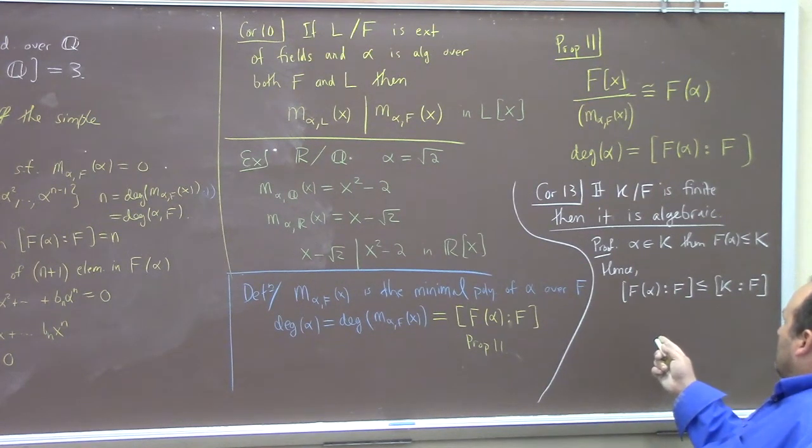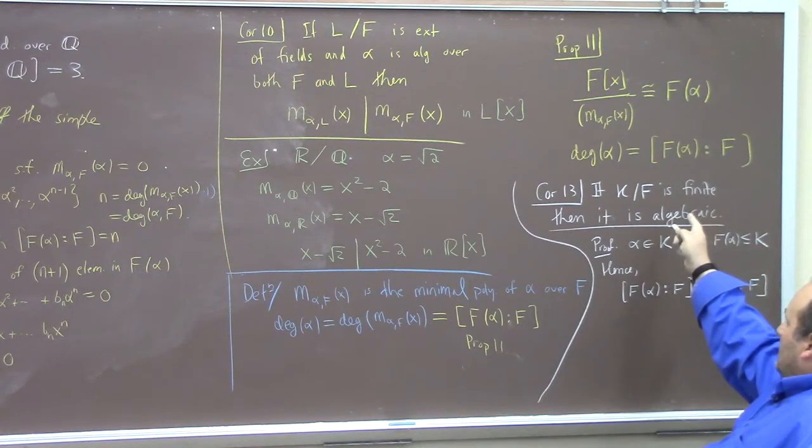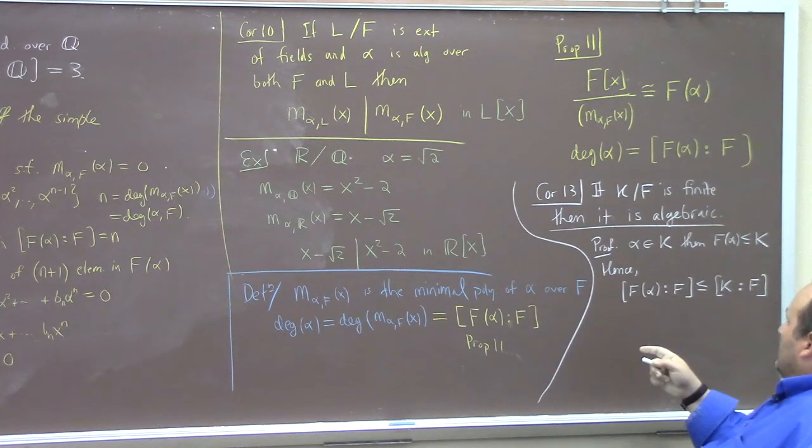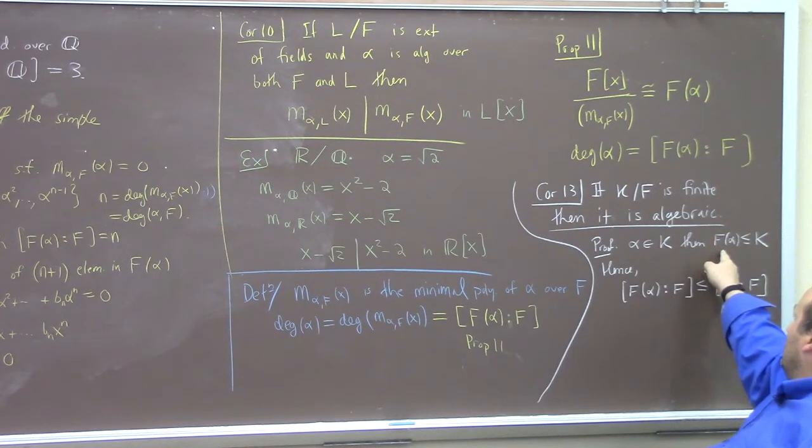So what does that tell us? If K is a finite extension, then you pick any element of K and look at the simple extension by that element.